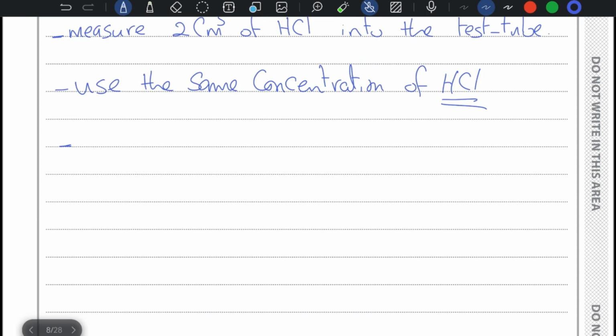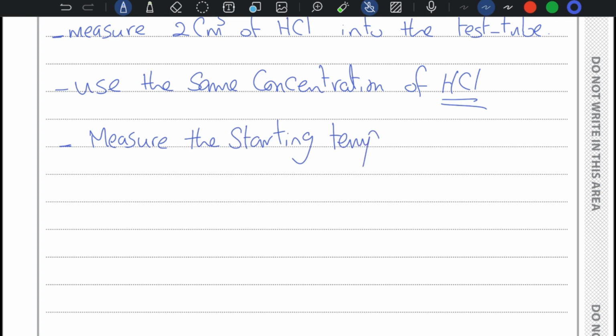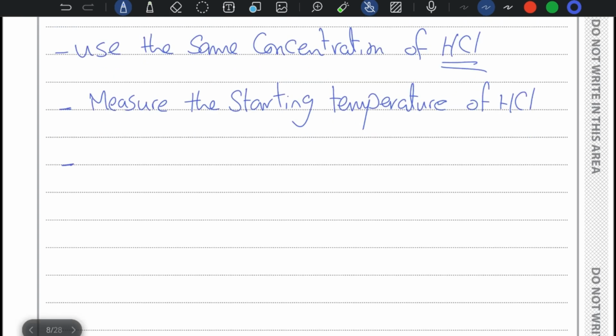Measure the starting temperature of HCl. Next, we have to add the same mass of metal in the test tubes.